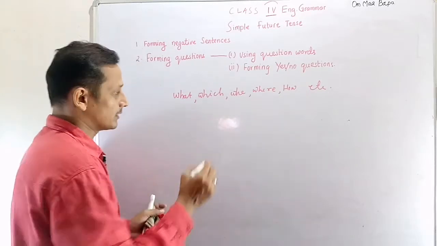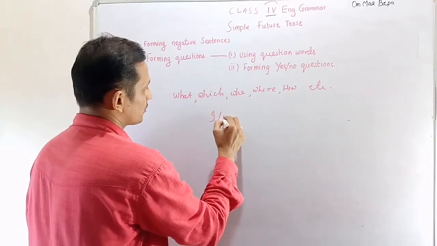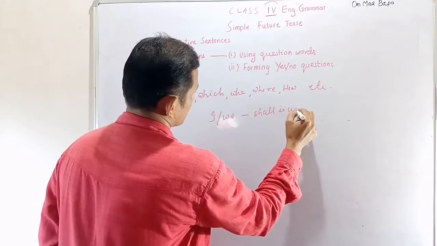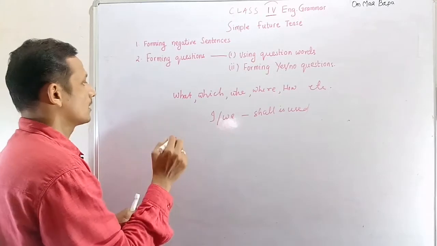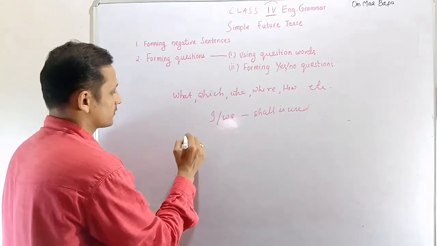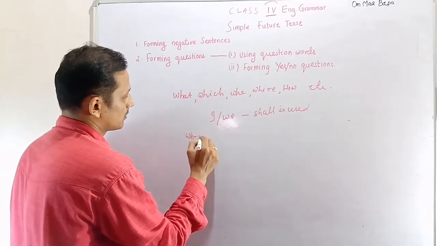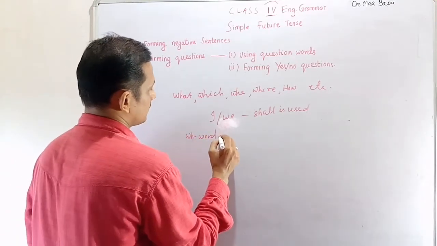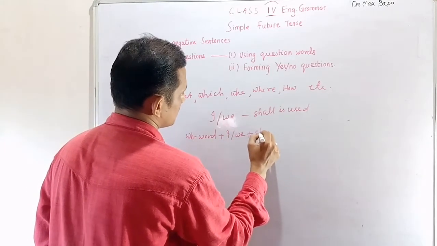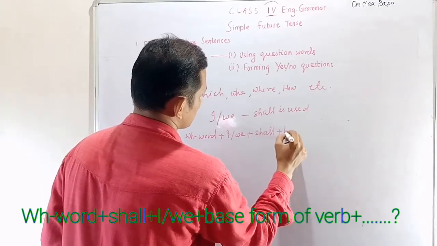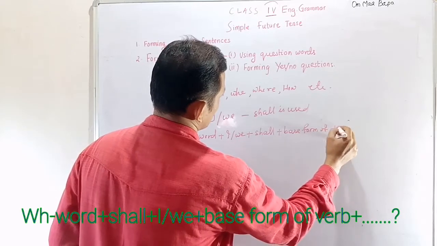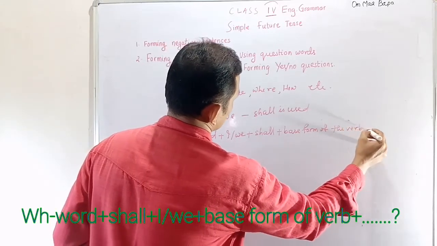Children, I told you that where there is I or we, shall is used. When we are forming a question, first of all the WH word, then I or we, then shall, then the base form of the verb, then the rest of the sentence.